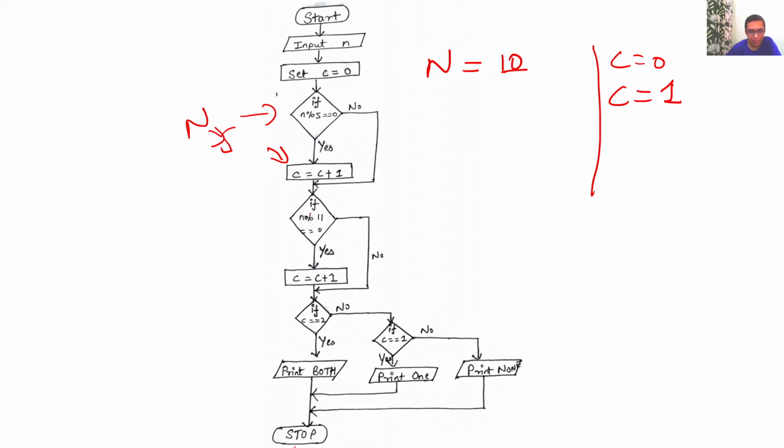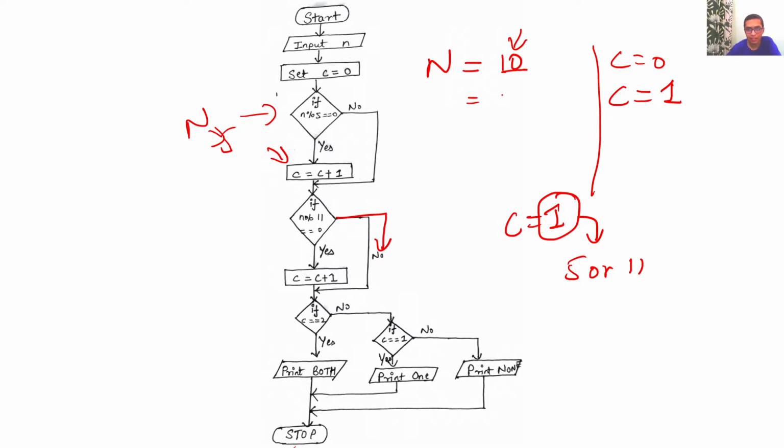Then I'll check whether n is divisible by 11 or not. 10 is not divisible by 11, hence we will simply go to the no part, and I would not increment the value of c. So the value of c would remain 1. This 1 means that it is divisible by either one of 5 or 11.